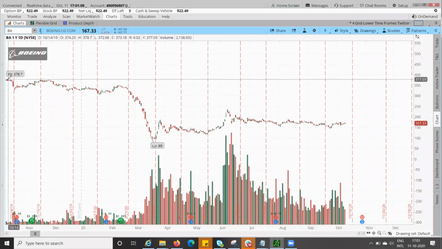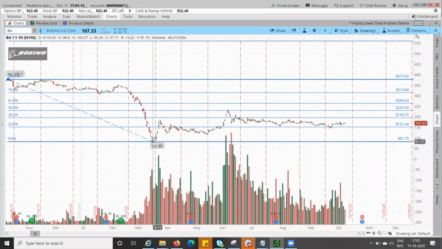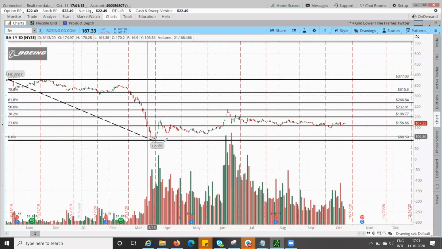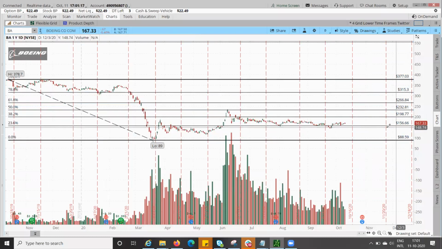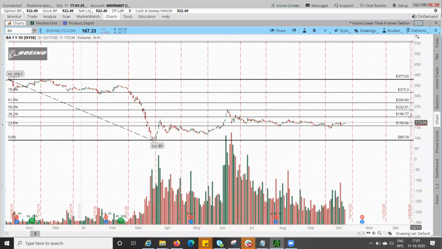That's the most I can see in the daily range. And this is 89. So the 156 range. Look at this. It was finding support here, in the 156 range. And it has to cross 198 for the confirmation.